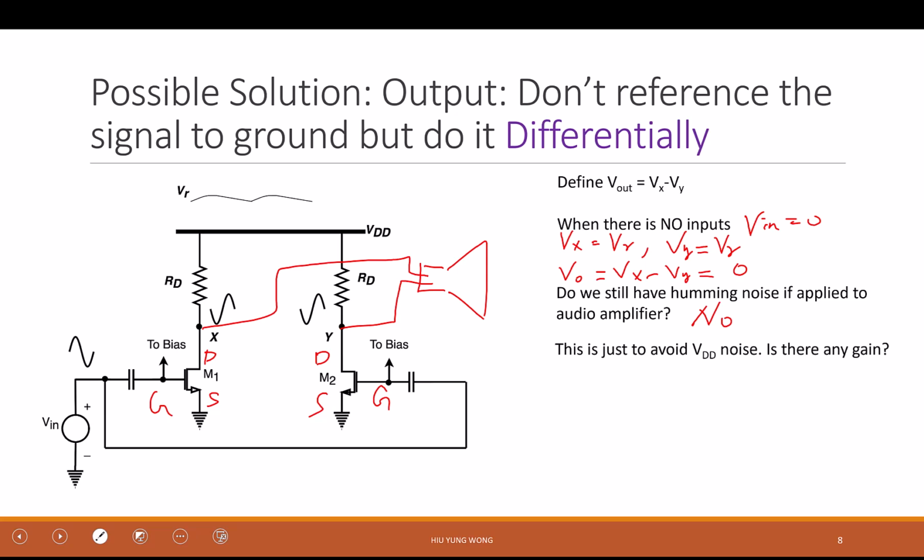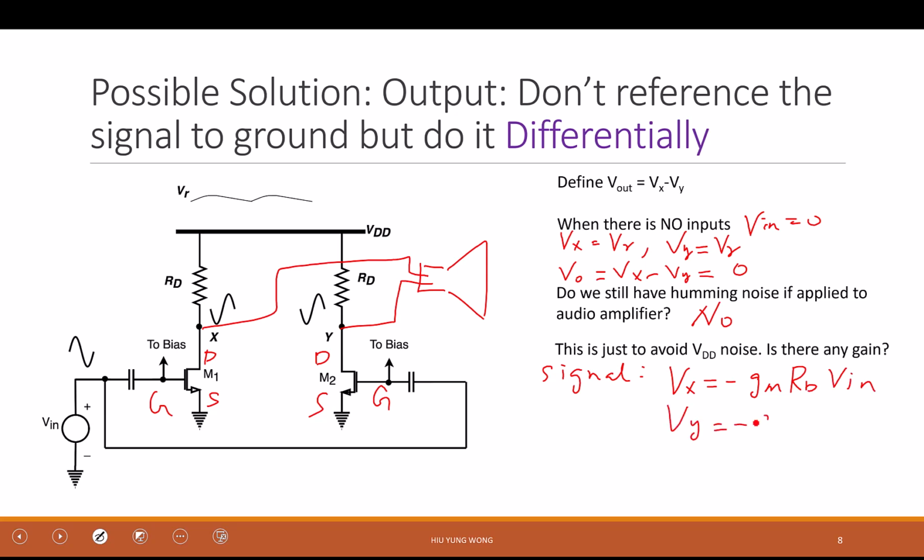Okay? But in this particular case, is this still useful? Is there any gain? You see that I put the signal to both sides, right? So from the signal perspective, Vx is still equal to negative Gm Rd times Vin, because it's a common source.